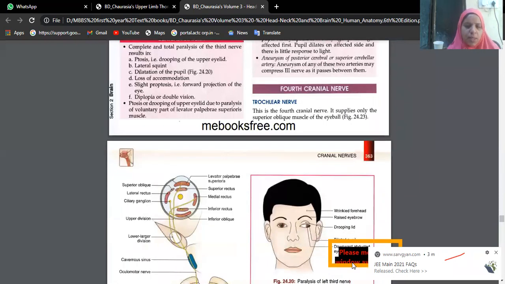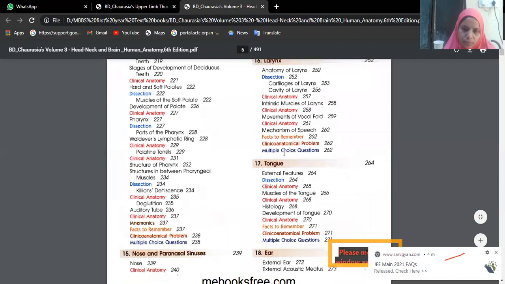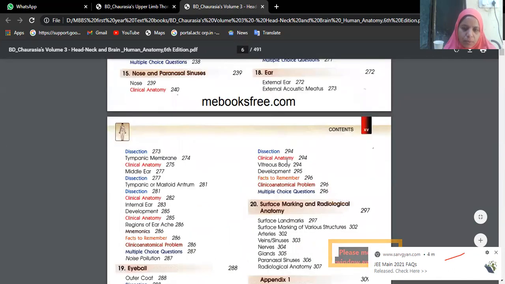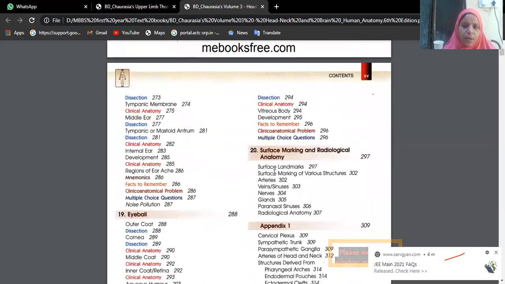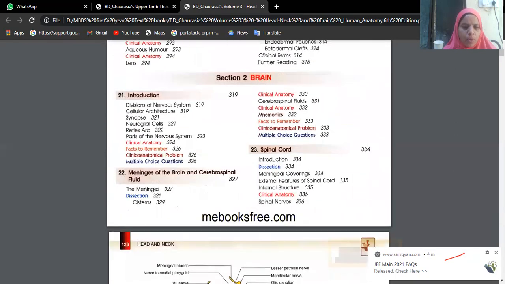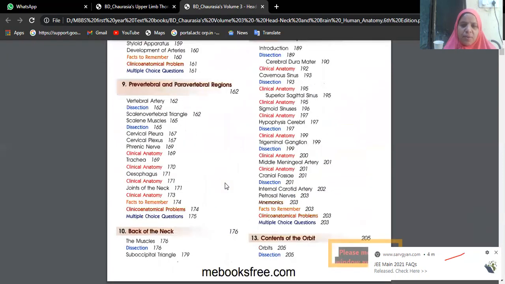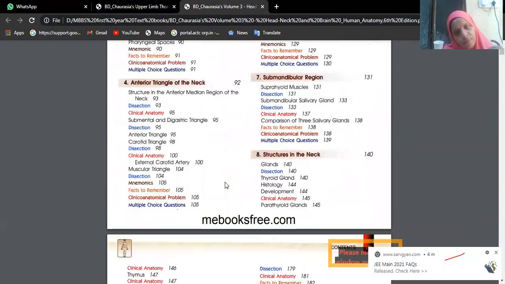Then what is the next question you have shared? Palatine tonsil. This we have discussed many times. So where is palatine tonsil situated? In the oropharynx, isn't it? What are the presenting parts? It has upper pole, lower pole, anterior border, posterior border, medial surface, and lateral surface, isn't it?